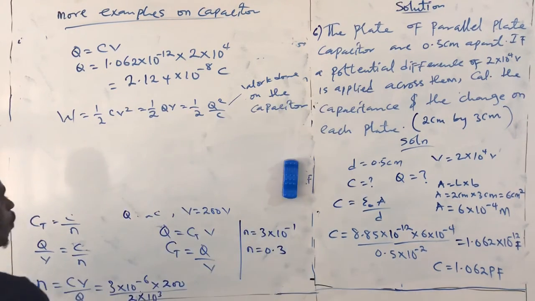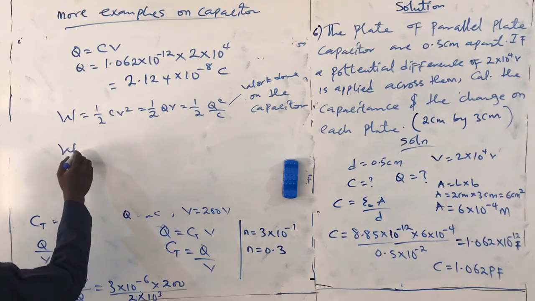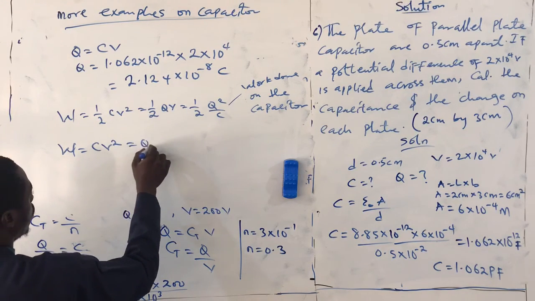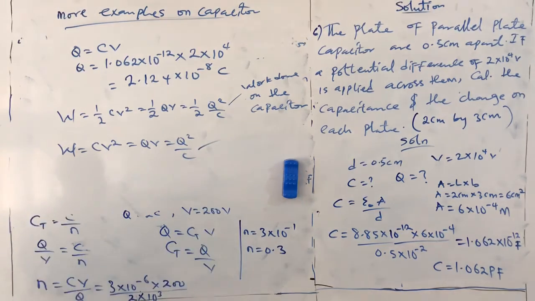To find the work done in discharging or charging the capacitor, it is just CV squared, which is QV, which is also equal to Q squared over C. So this is the difference between the two.